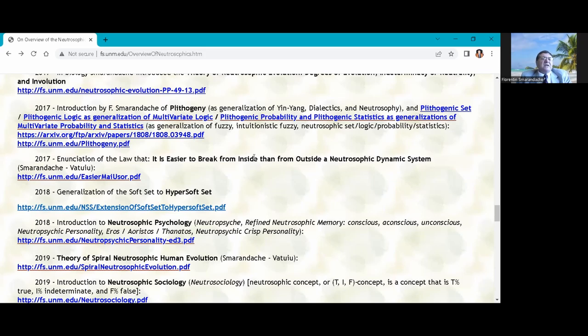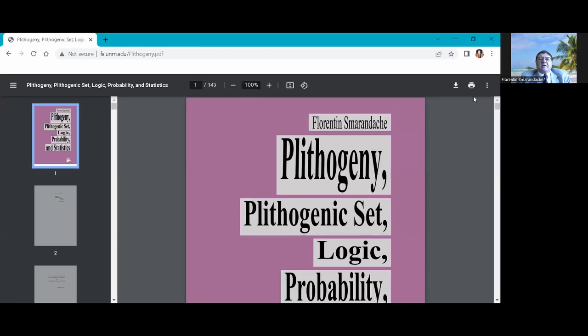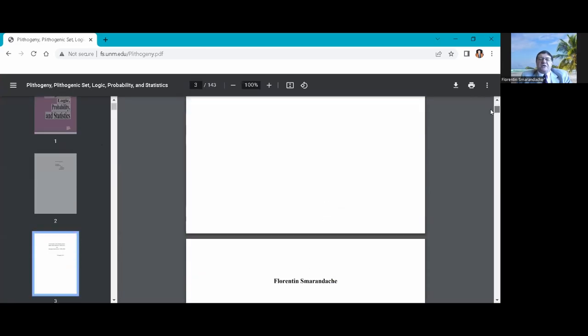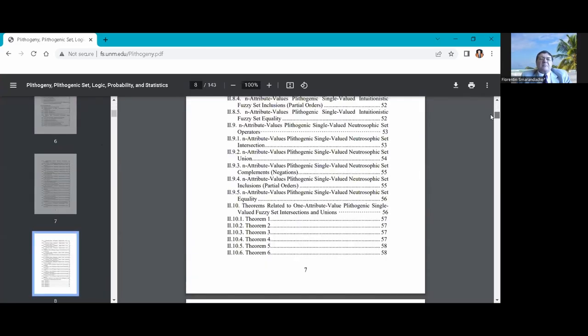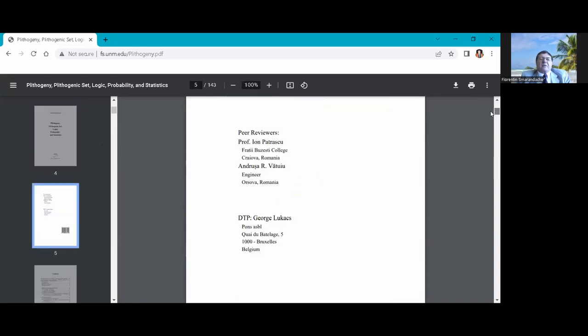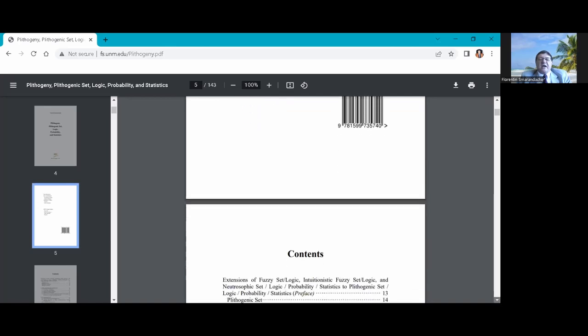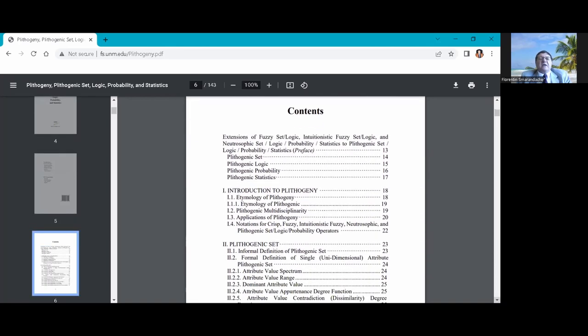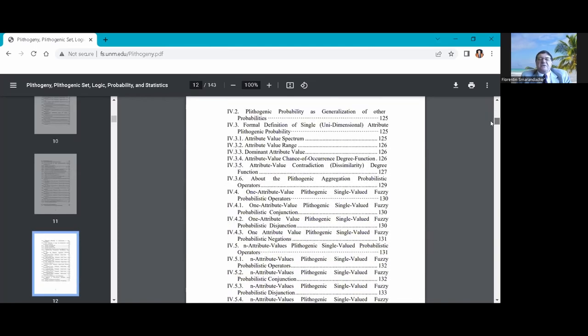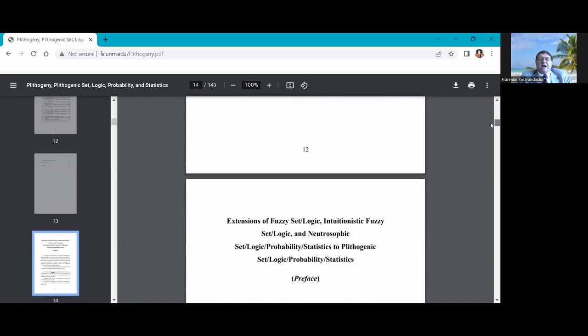And the Neutrosophic pletogenic set, it's a set which has elements such that each element is characterized by many attributes, as in our everyday life.